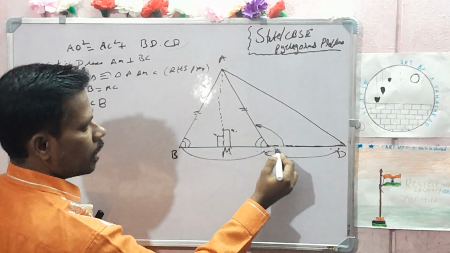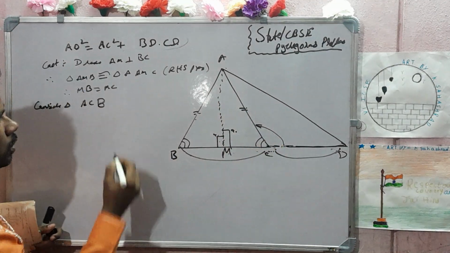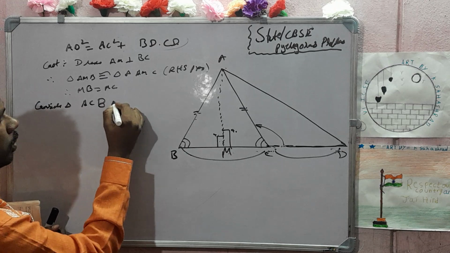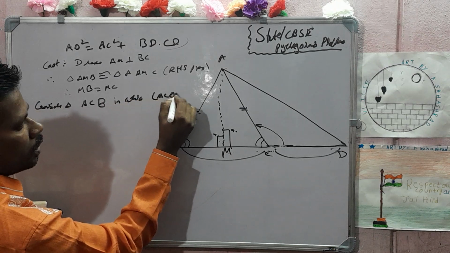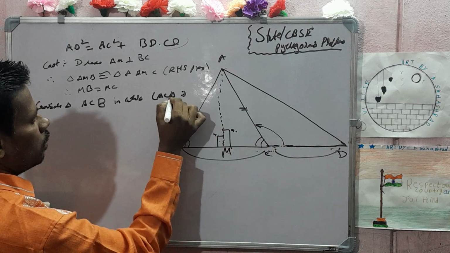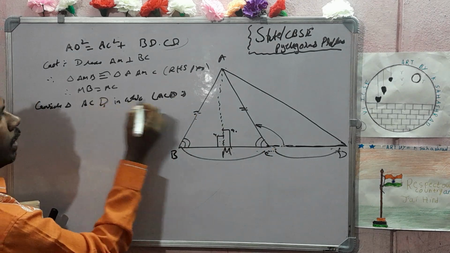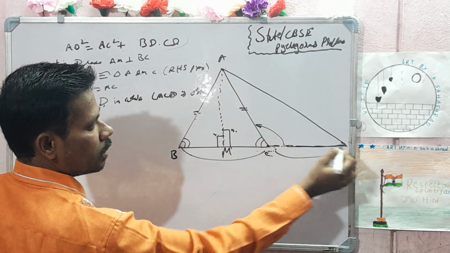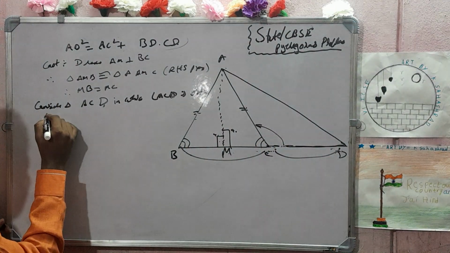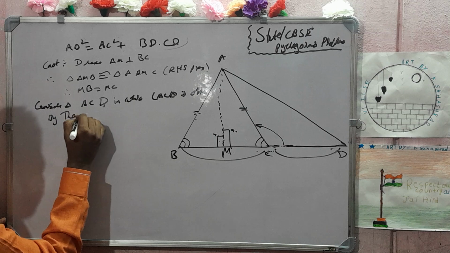If you consider this triangle, angle ACD is an obtuse angle. So apply the theorem.